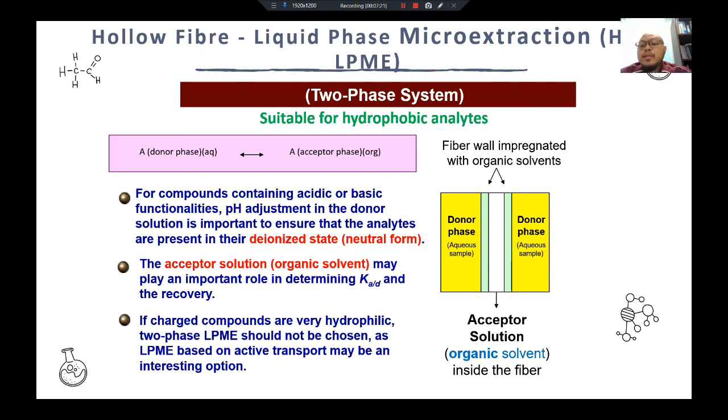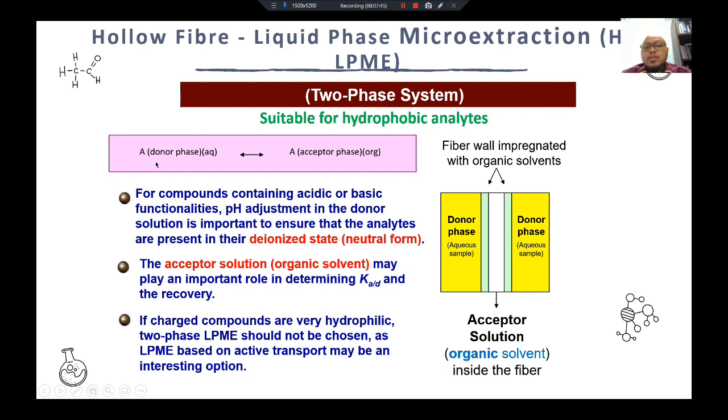Okay, but most of the time is suitable for hydrophobic analytes. Kalau kata kita dealing dengan air, so kat sini dalam ni kita akan letak organic solvent which is basically non-polar. So of course lah, benda yang suka non-polar is hydrophobic kan, dia tak suka air. Okay, so inilah antara contoh dia.